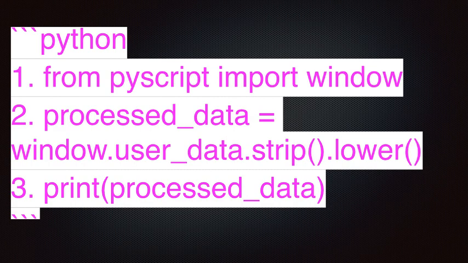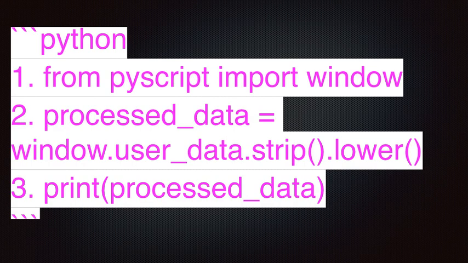And then line 3, we're going to print our processed data variable, which was defined and initialized in line 2. Okay, so we're printing, but we are also using the console. So it's like we're printing both using Python and JavaScript.